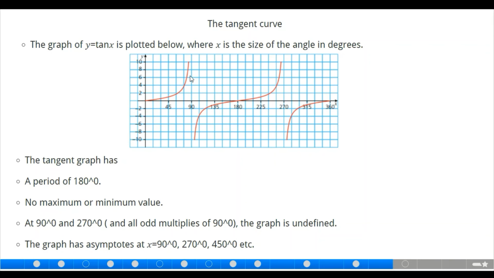At 90 degrees we don't have any curve, at 270 degrees it doesn't have any solution, and the same applies to 540 degrees if you go on and on. So the graph has asymptotes at x equals 90 degrees, 270, 450, etc. That implies that at these specific angles on the x-axis, the graph does not have a solution set.